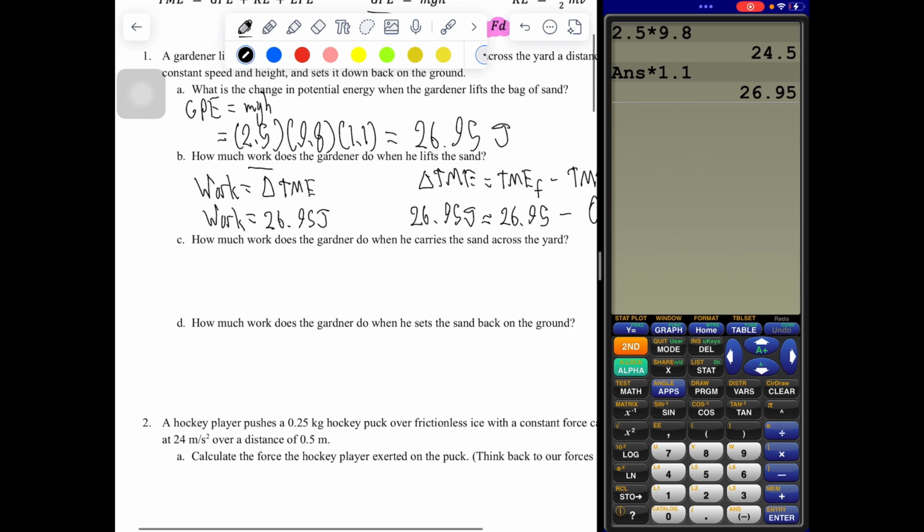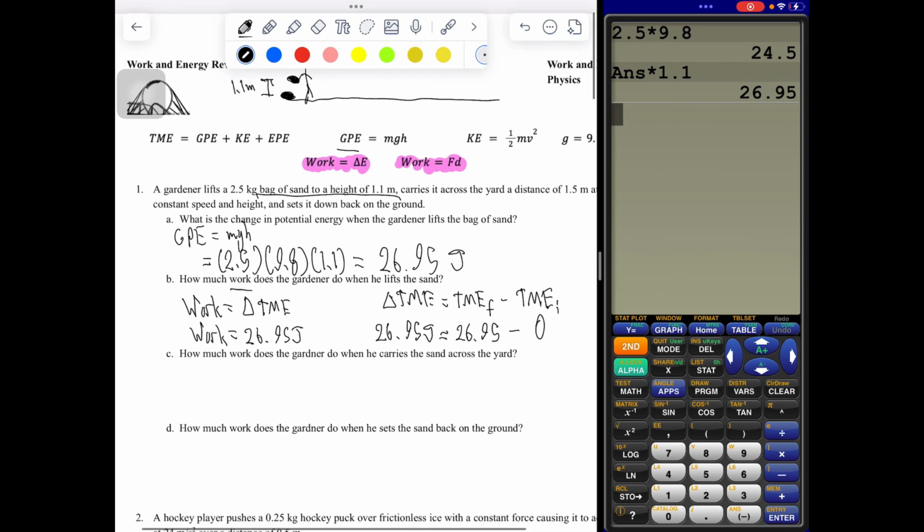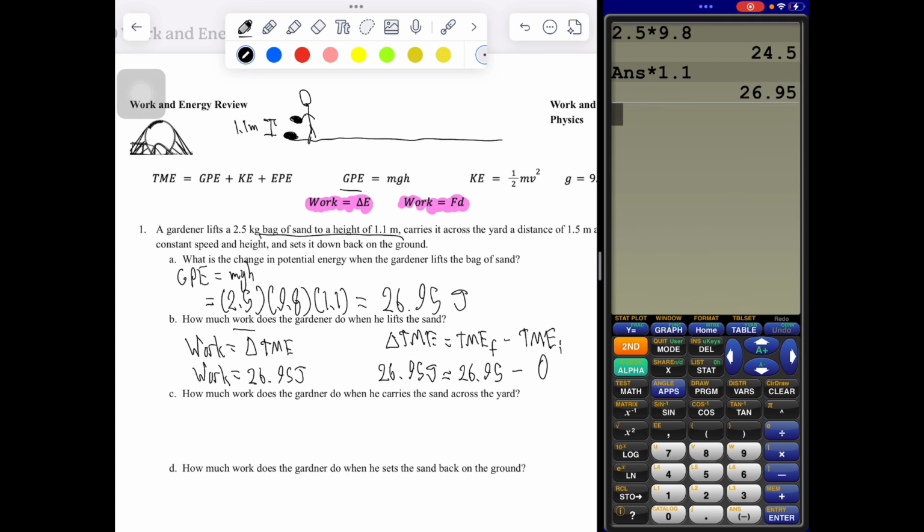Okay. Part C. How much work does the gardener do when he carries the sand across the yard? Okay. So our worker, they carry it all the way across the yard, still in their hand. This is along the same height. If we draw in kind of a level right here, we can say the height of that bag of sand is not changing.